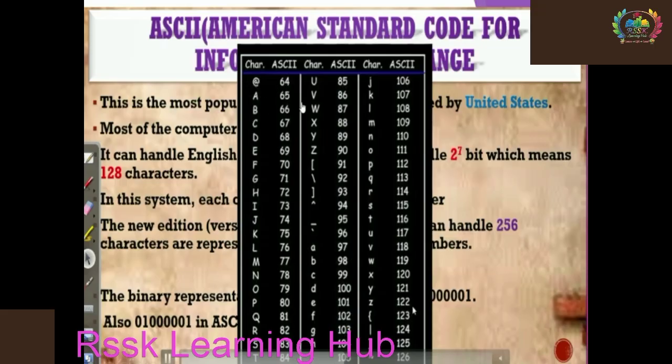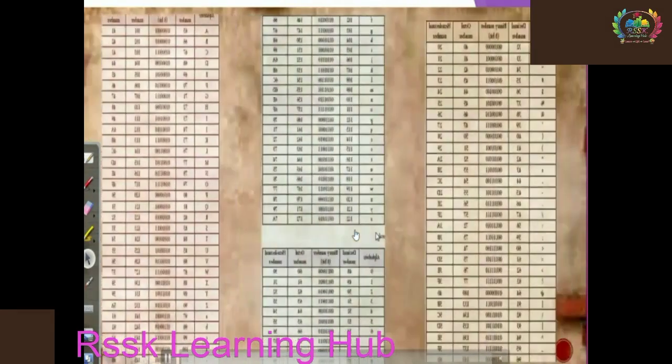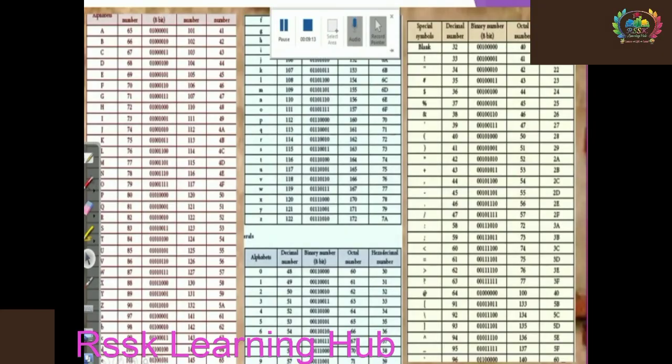Similarly, capital A is 65, small a is 97, and it goes on like that. This is the table where the alphabet, number, bit conversion and ASCII code value are all listed. It is available in your book also. You just go through it. No need to memorize this. You just go through what codes are available.